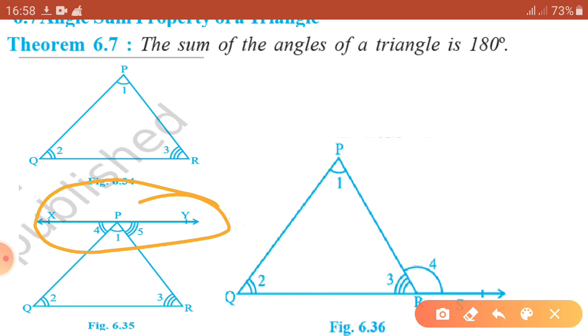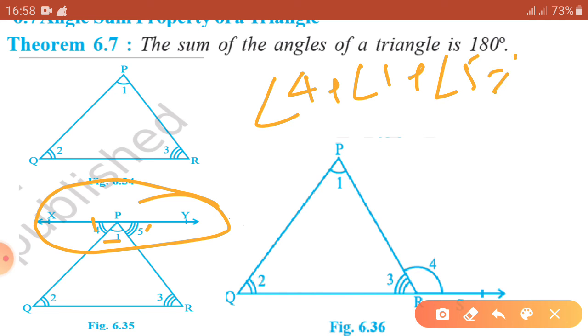Now here in this figure, XPY is a line. So therefore we can say that angle 4, angle 1 and angle 5 is equal to 180 degree. Okay, angle 4, angle 1 and angle 5 is equal to 180 degree.